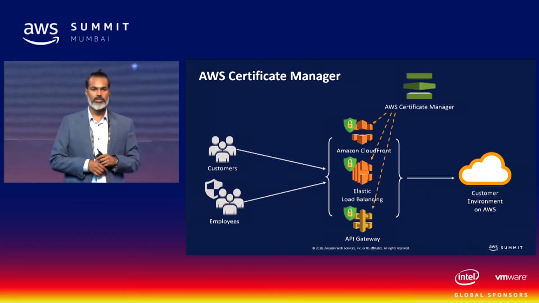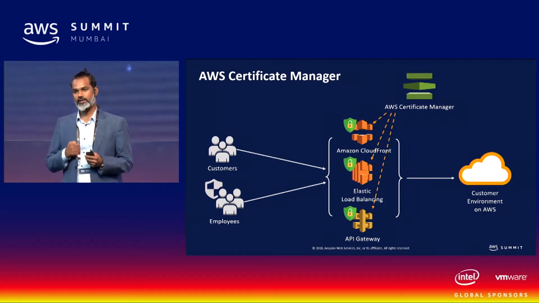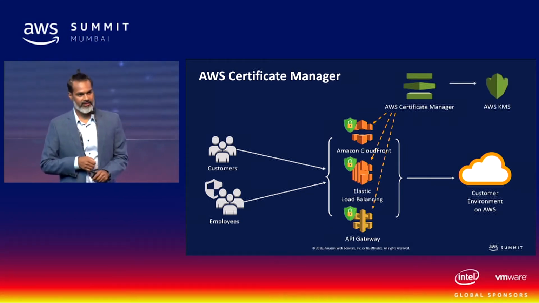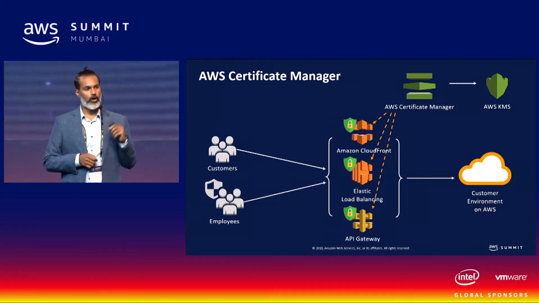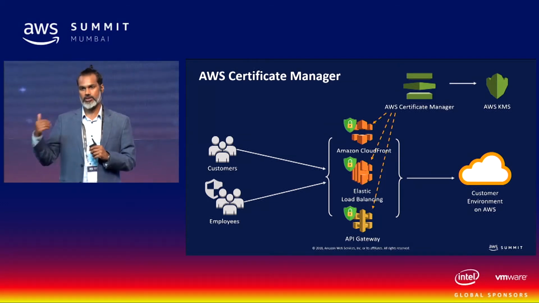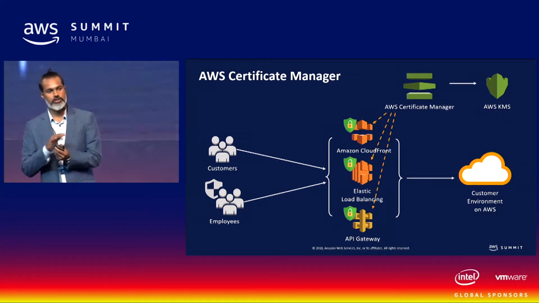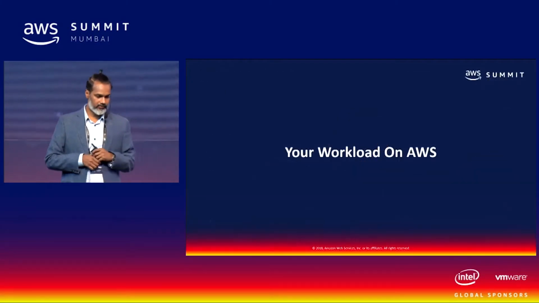ACM securely deploys SSL certificates on CloudFront, ELB, and API gateway. And the private key of the certificates is also encrypted again by KMS in the background. Again, it's encrypted by a master key which never leaves the KMS.